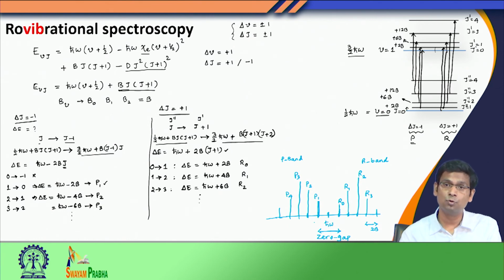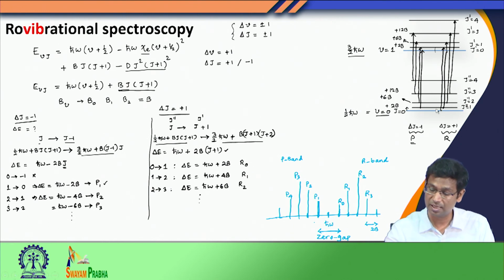When we have delta j equals 0 transition, when I start from a lower value of j equals 0, I go to an upper value of j equals 0. So, the rotational correction that I am getting will cancel out from the upper vibrational level and lower vibrational level. So, no matter from which rovibrational level I am starting, if delta j equals 0, the only transition that will appear would appear at h bar omega.